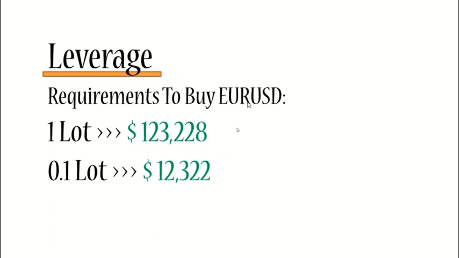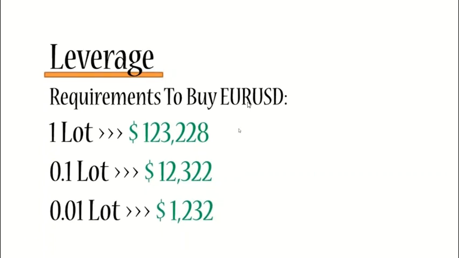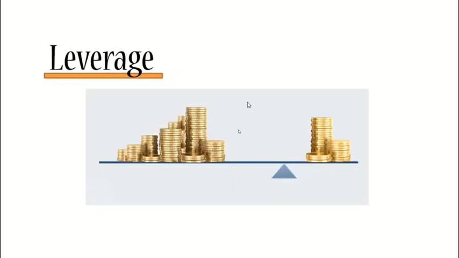Now 0.1 lot means that you have to pay just over 12,000, and 0.01 lots means you have to pay 1,223. Obviously we don't have this amount of money, or maybe we do not want to trade with this amount of money. So this is where leverage kicks in.